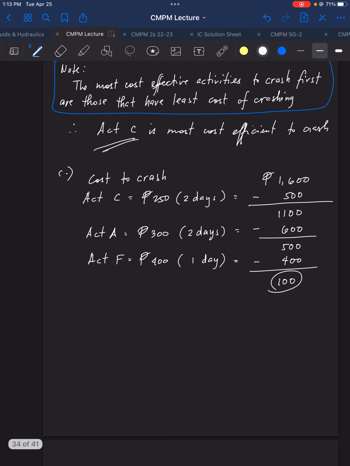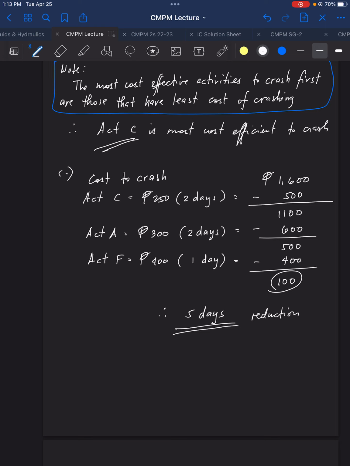Therefore, we now have 5 days reduction from the total project duration.